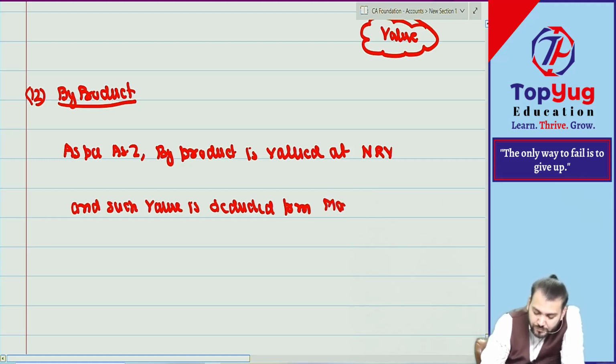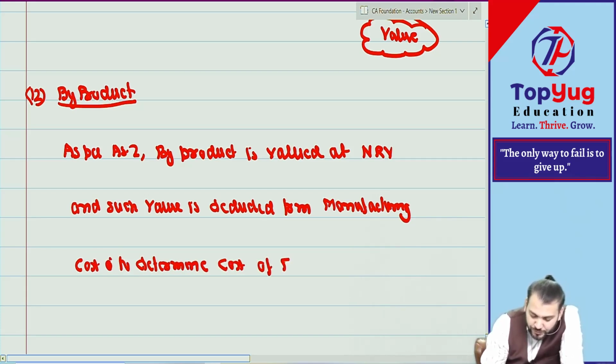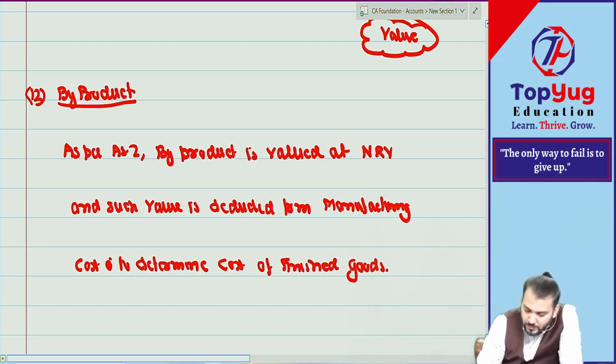Manufacturing cost. Understood? To determine what? Cost of finished goods. Cost of finished goods. Understood?